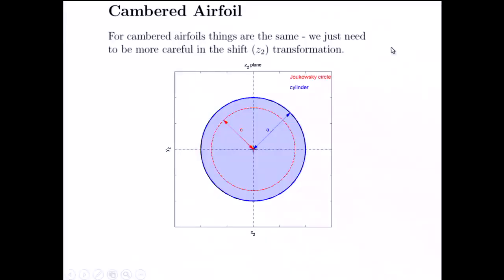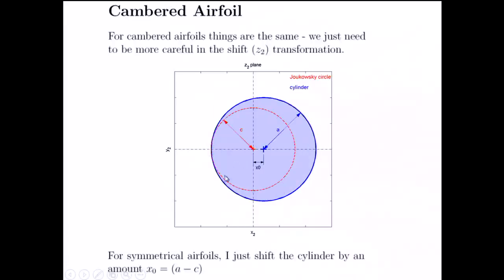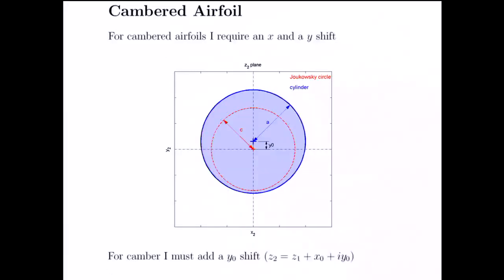So we start with a cylinder. Okay, this is the same. And then for symmetrical airfoils, I just have to shift the blue circle along the x direction until it touches the Joukowsky circle. But for the cambered airfoil, I have to move it upward slightly to generate the camber, right? So I have to shift it upward.